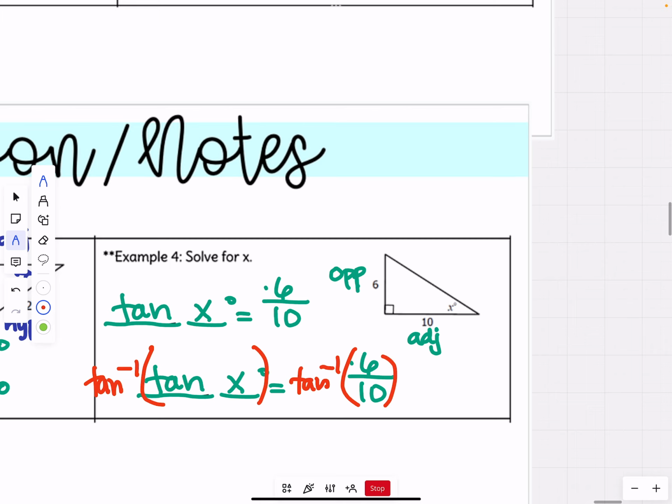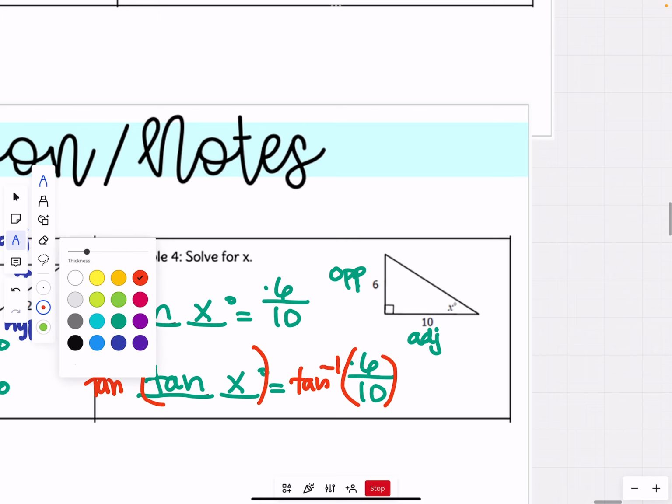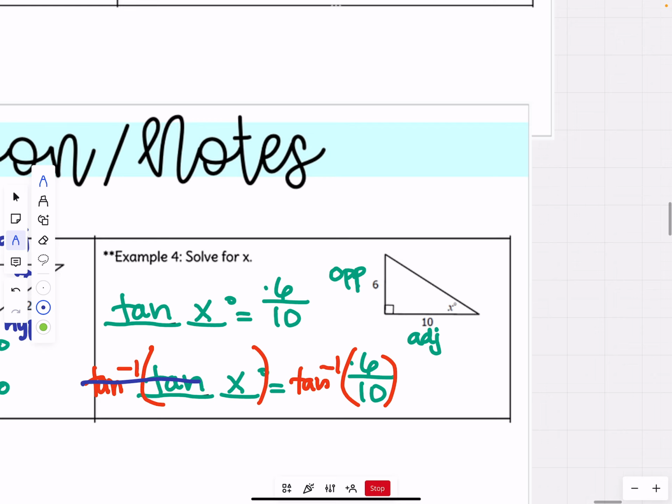And tan inverse of tan, that's going to cancel out. We'll end up with x is equal to tan inverse of 6 over 10. Grab your calculator to find out what that is. I don't know what it is off the top of my head, but my calculator says that the tan inverse of 6 over 10 is about 31 degrees.